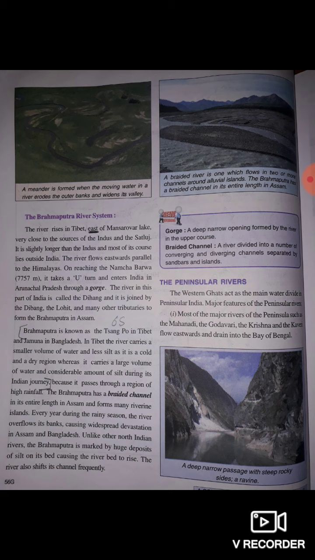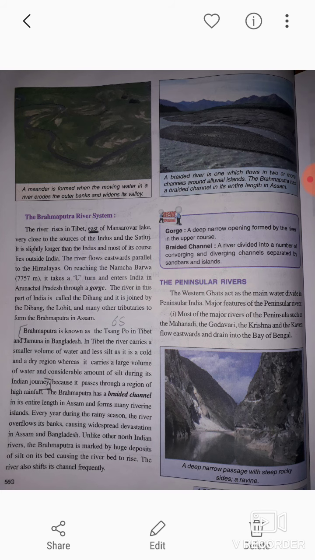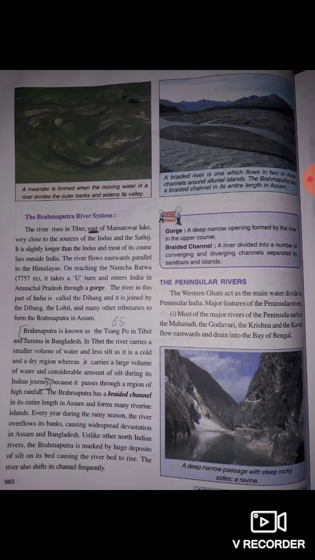It enters India from Arunachal Pradesh through a gorge, and the river in this part of India is called Dihang. Brahmaputra is known as Dihang in Arunachal Pradesh, and it is joined by Dibang, the Lohit and many other tributaries to form Brahmaputra in Assam.